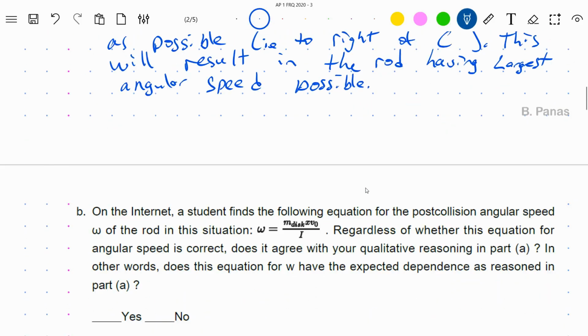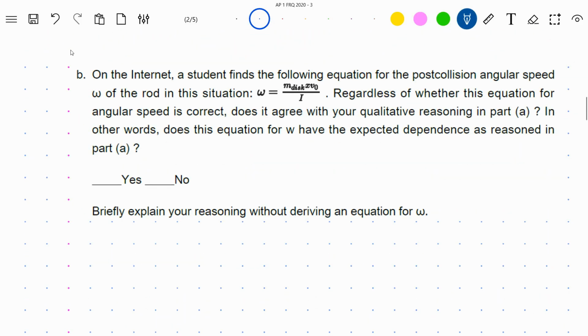All right, moving on to part B. It says, on the internet, a student finds the following equation for the post-collision angular speed omega of the rod in this situation. And the equation that they've located on the internet is m of the disk times x, the distance that it impacted from the pivot, times v0, all of which is over I, the moment of inertia of the rod.